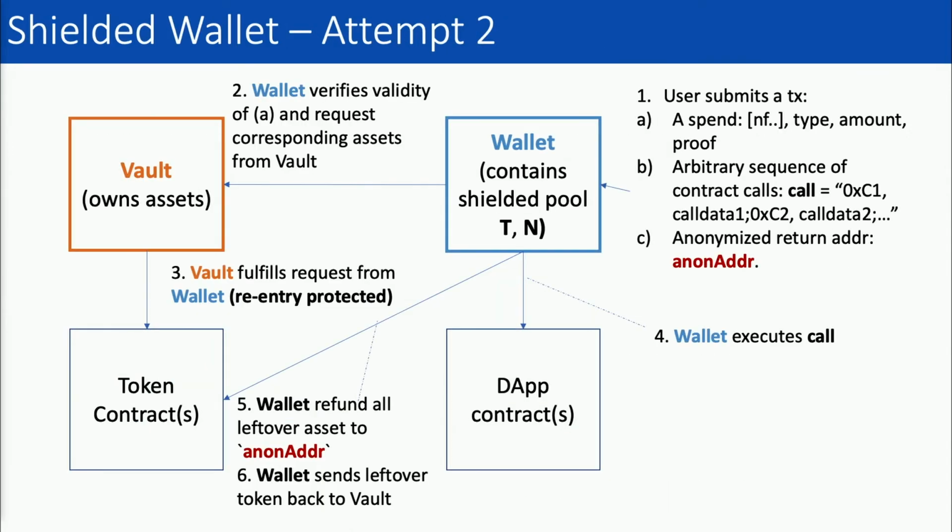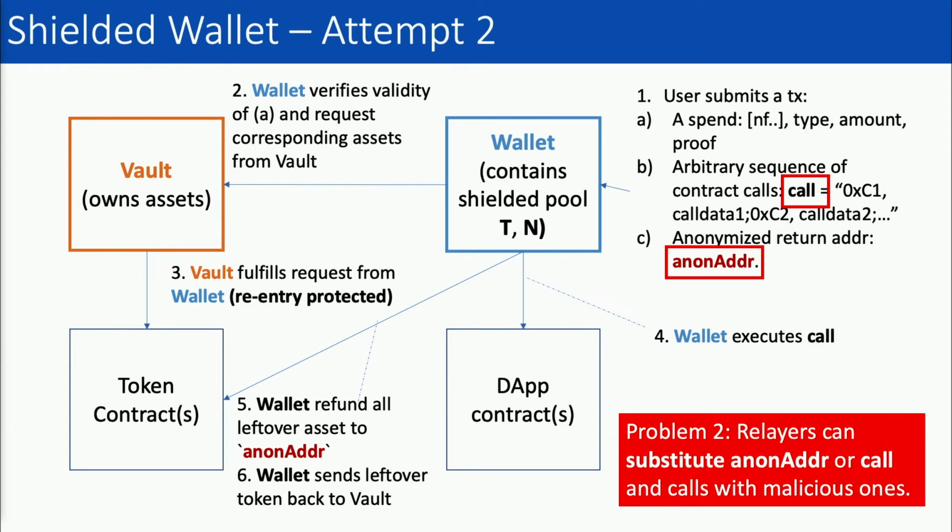OK, so now what do we get? We just simply have the user randomize their address and then submit that instead for the refund address. And actually, there's a final last problem, which is this vulnerability, because the relayer here could essentially substitute the call and the return address to be anything arbitrary.